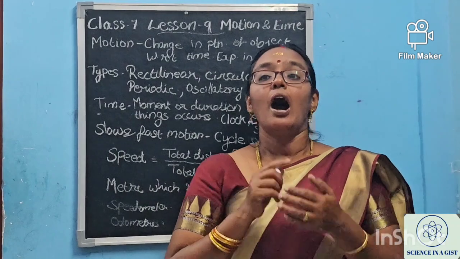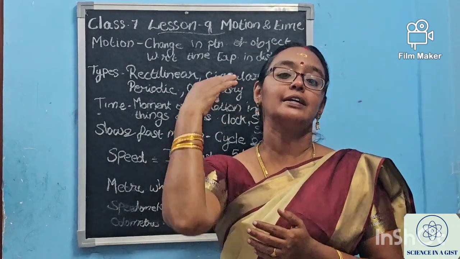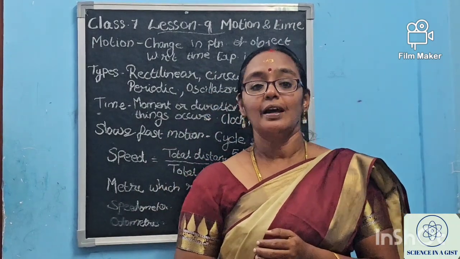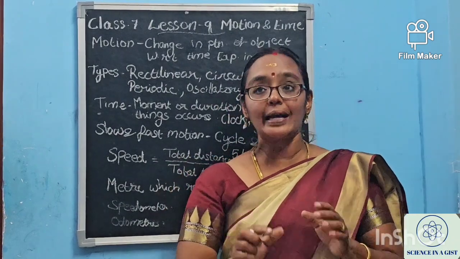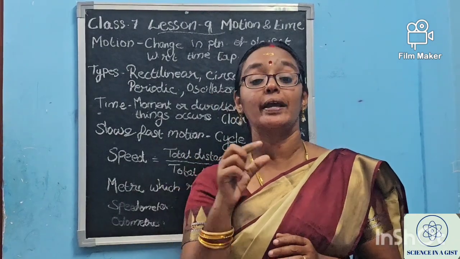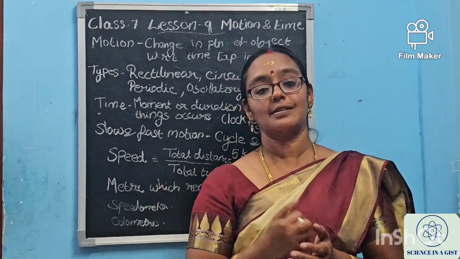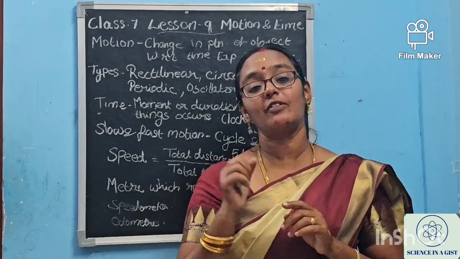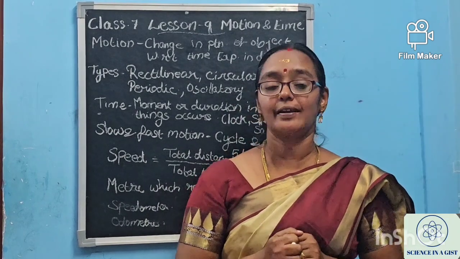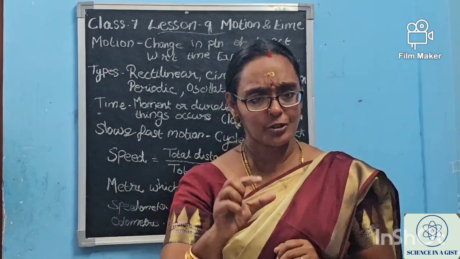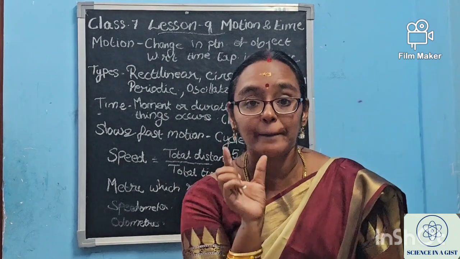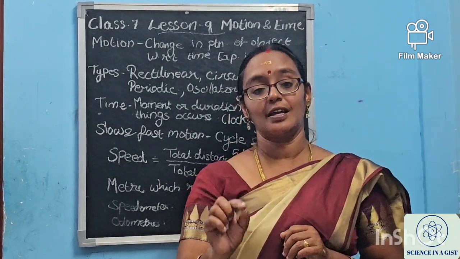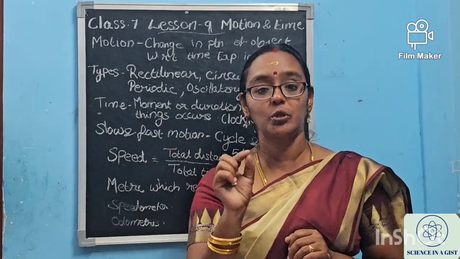Okay. After the particular distance has been reached, the car will be stopped, right? By that time, you again see what the reading is now. If you subtract the initial value from the final value, you will get the distance. You will get a number, and that number indicates this much distance the car has travelled today.